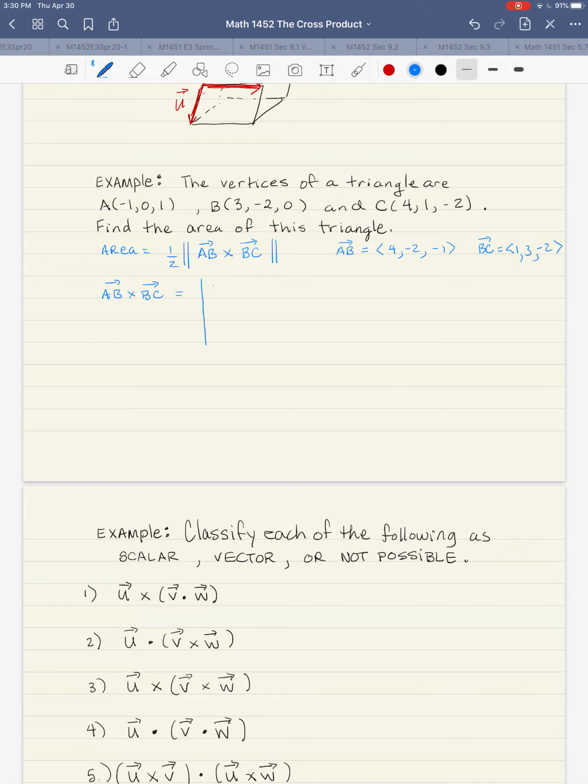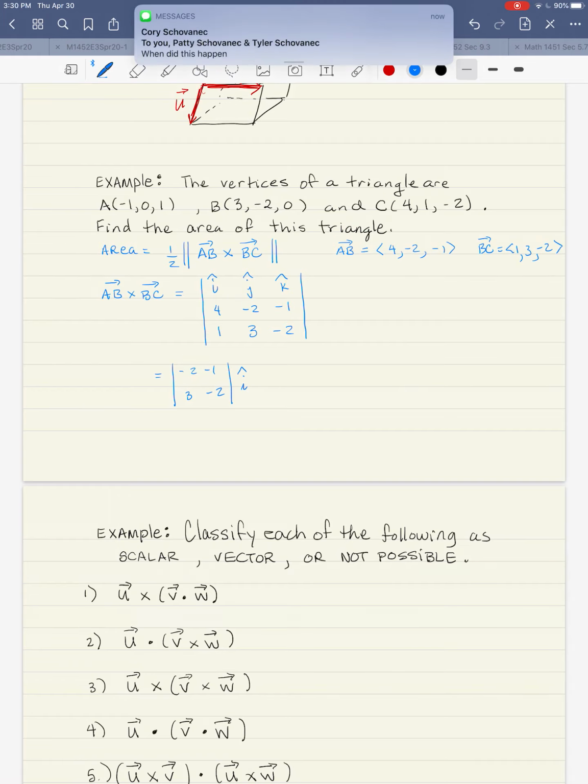Now let's do the cross product. AB cross BC is the determinant. I, J, K, and let's put 4, negative 2, negative 1, 1, 3, negative 2.